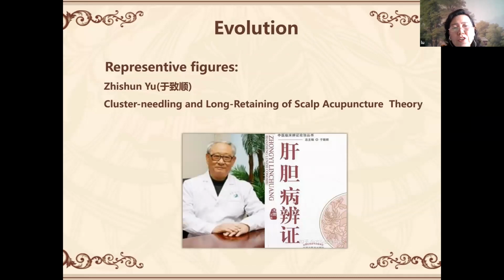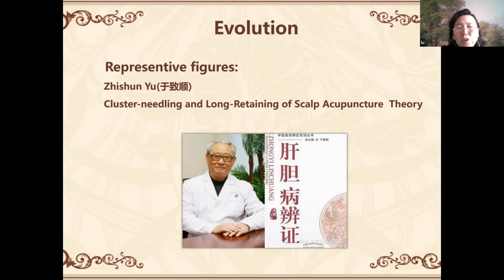Another representative figure is Professor Yu Zhisun. He also works in my university, and he made a lot of new ideas, which were written in textbooks, especially the famous cluster needling and long retaining of scalp acupuncture theory. Because my province is a cold place, we have lots of patients suffering from hemiplegia, and these professors concentrated a lot of their energy on research.